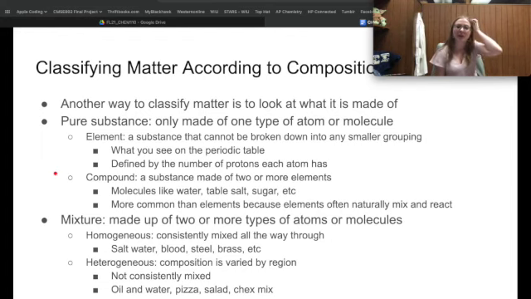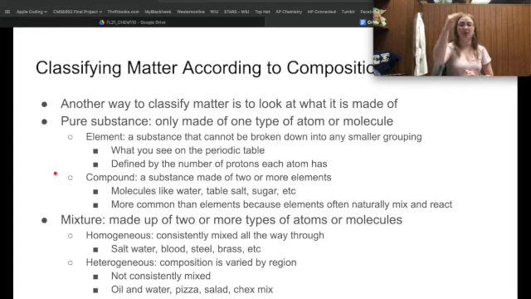So another way to classify matter is to look at what it's made of, okay? We were looking at how the atoms and molecules were located compared to each other in a solid, liquid, and a gas. But now when we're talking about classifying matter according to composition, we're looking at what actual type of atoms and molecules make up a substance.